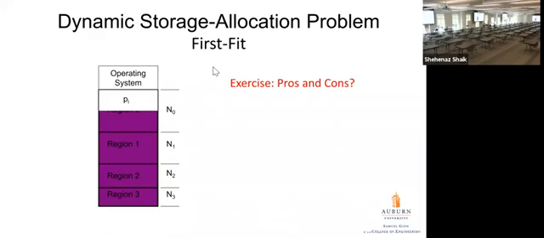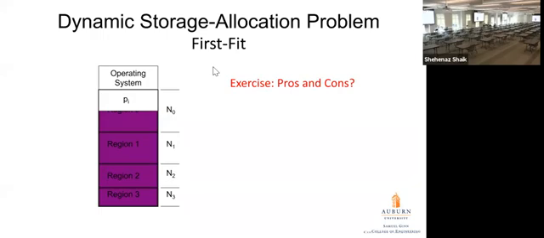And note that as we keep using the first fit approach, there is a higher chance that we may have to perform the search long enough before we can identify an appropriate hole.